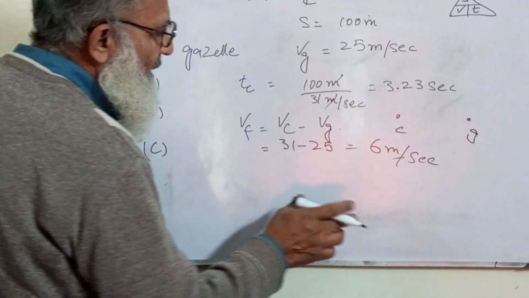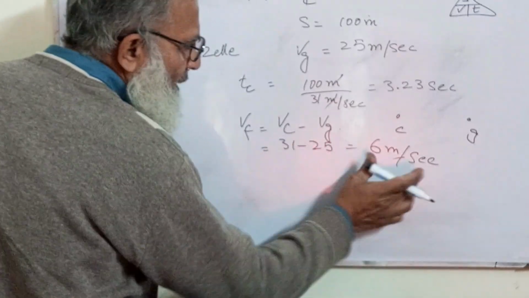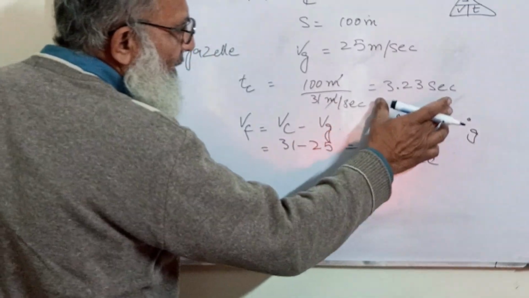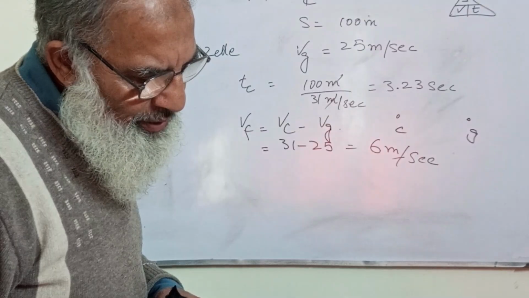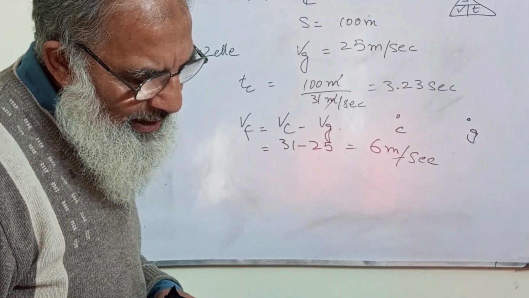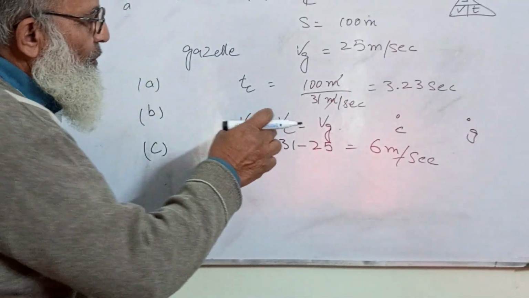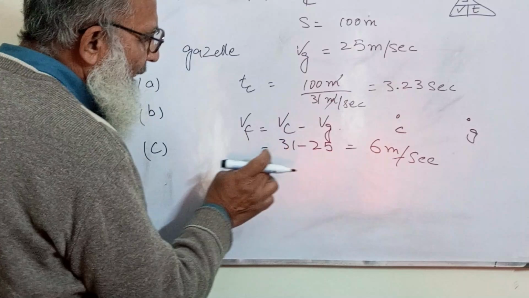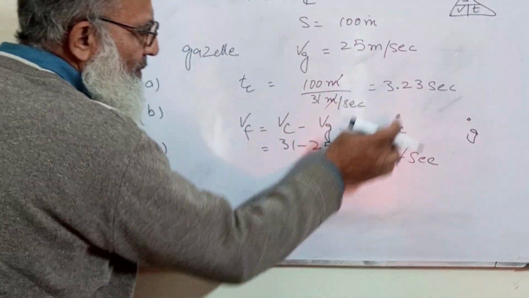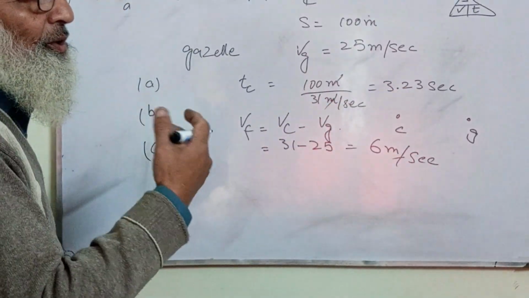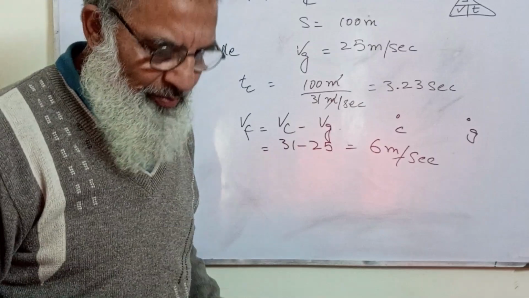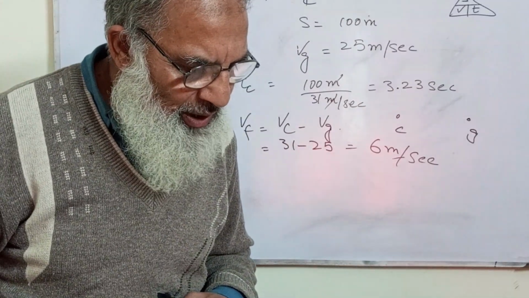They have given us the hint that we use the closing speed and the time to calculate it. Yes. We have to use this time and this closing speed to calculate our C. Now, what is C? How far ahead?